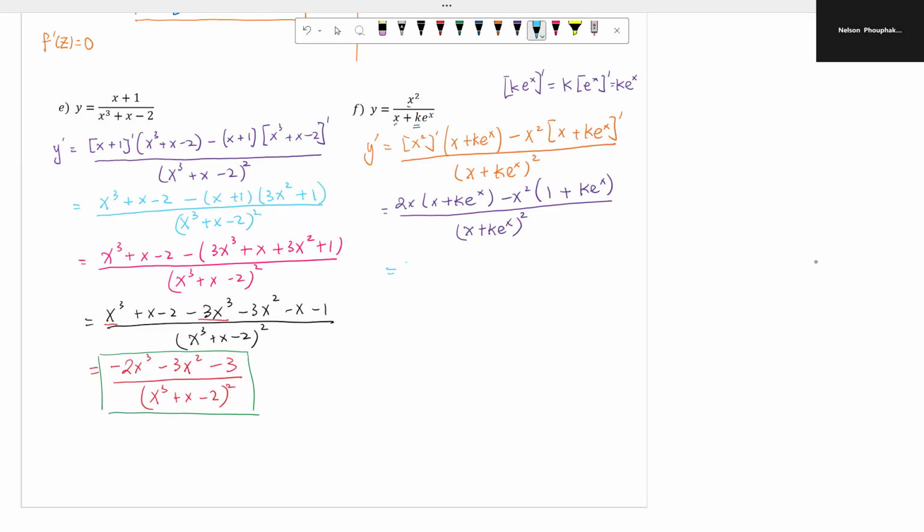And now, again, we try to simplify it. So I have 2x squared plus 2k x e to the x minus x squared minus k times x squared e to the x, all over x plus k times e to the x squared.